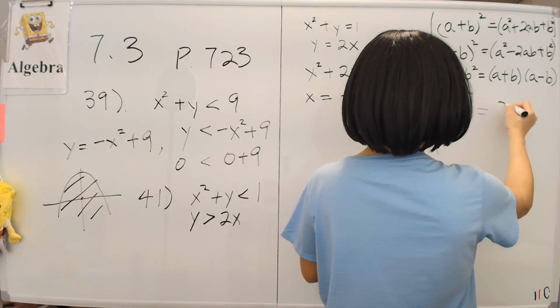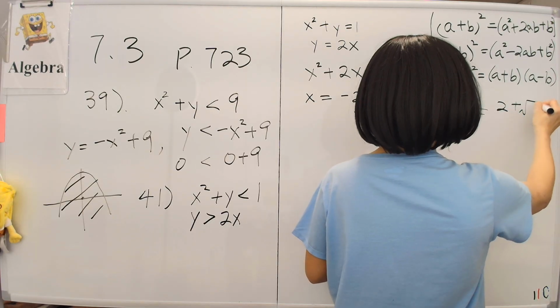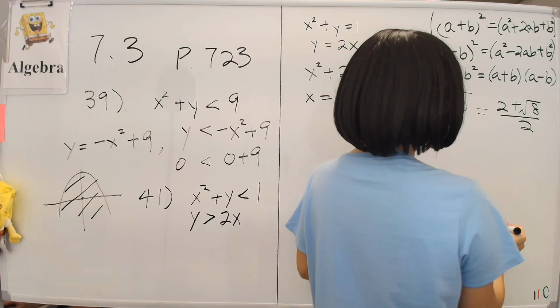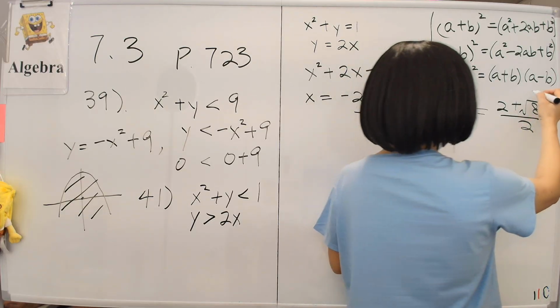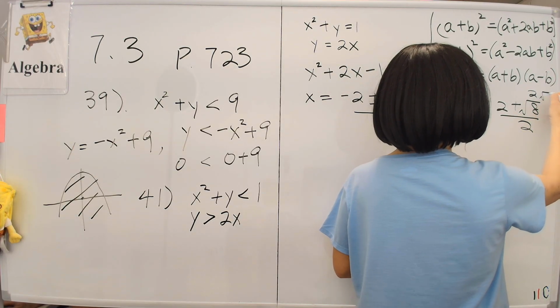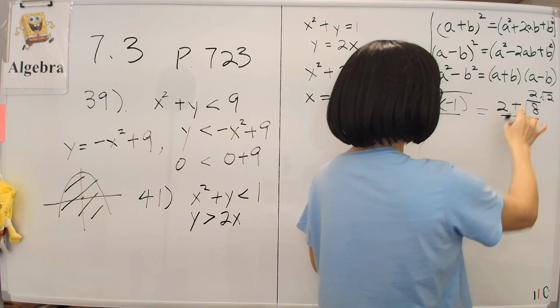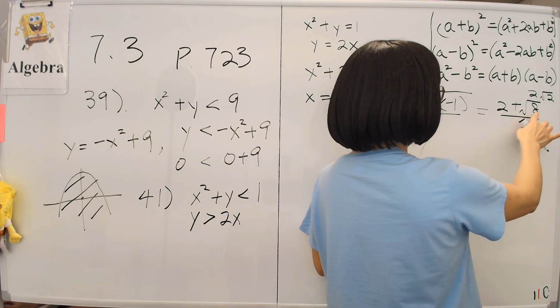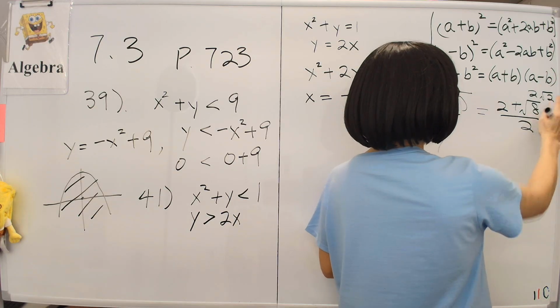So it's equal to minus 2 plus or minus the square root of 8, divided by 2. The square root of 8 is the same as 2 times the square root of 2, because you can factor 4 out of 8, and the square root of 4 is 2, and then you have a 2 left.